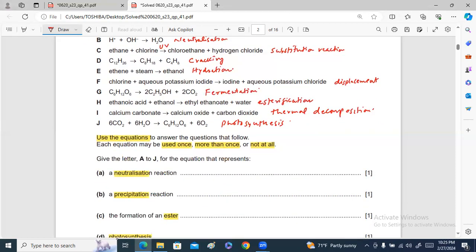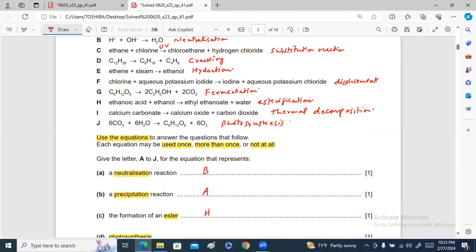Now, a neutralization reaction, B is a neutralization reaction. Then a precipitation reaction, A is a precipitation reaction. Formation of ester, as you can see in H, there is a formation of ester.